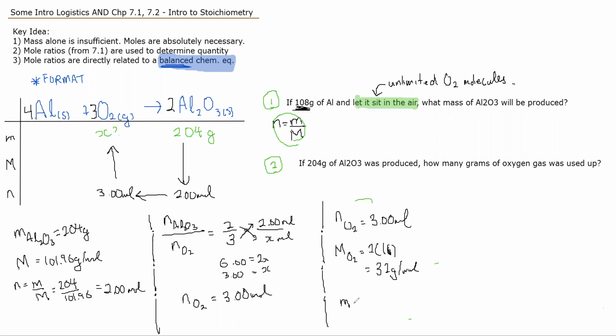That means the mass, which is the mole equation rearranged, 3.00 multiplied by 32. That's going to be 96.0 grams. So 96.0 grams of oxygen is used to oxidize aluminum.